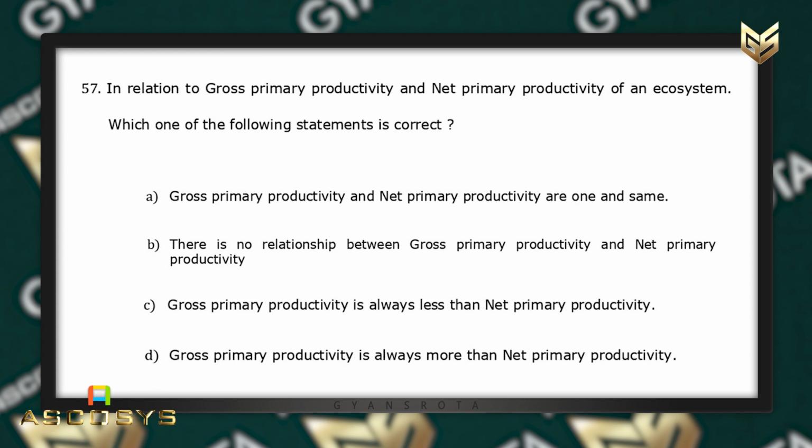Option number B, there is no relationship between gross primary productivity and net primary productivity. C option is gross primary productivity is always less than net primary productivity, and the last is option D, gross primary productivity is always more than net primary productivity.